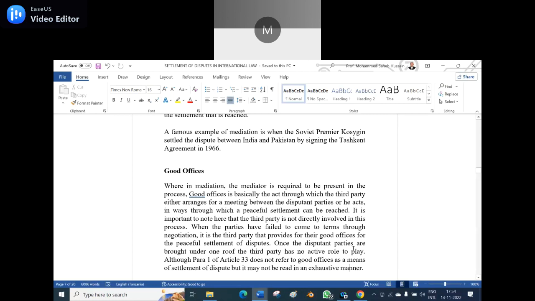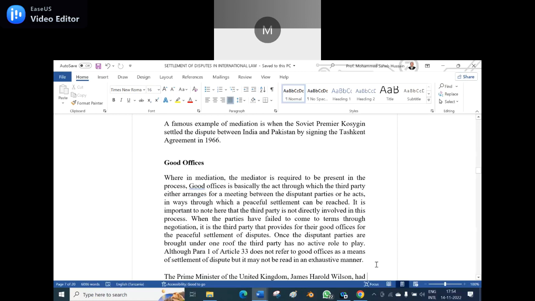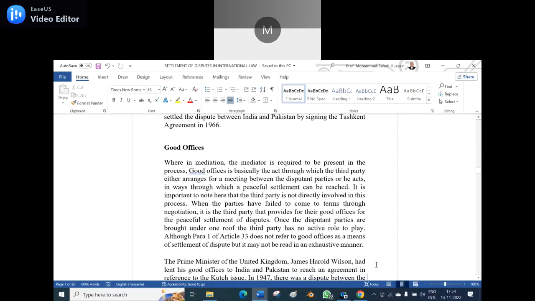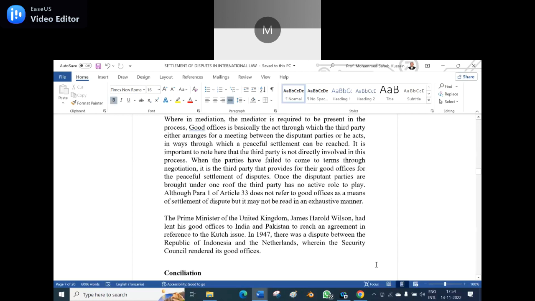So when the two parties come under one roof, something will come out, either in the form of mediation or negotiation, by the act of the third party. But if the two parties never meet together, the dispute will not be resolved.